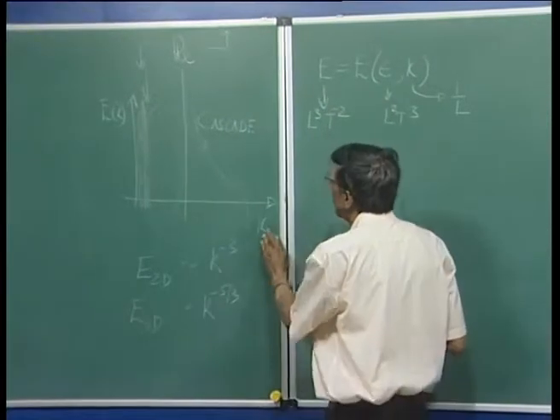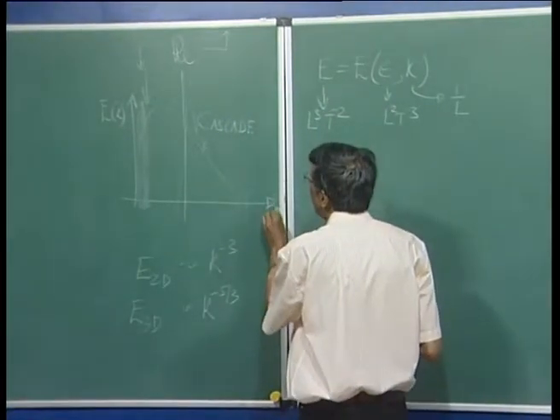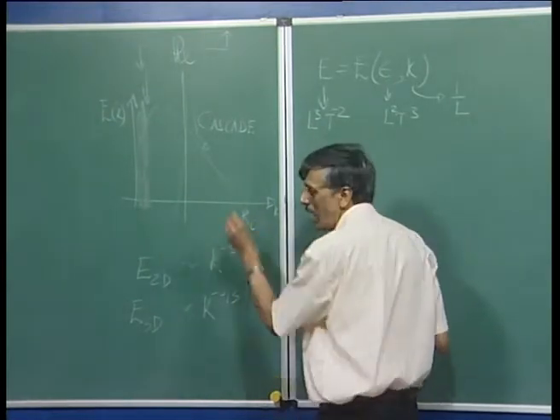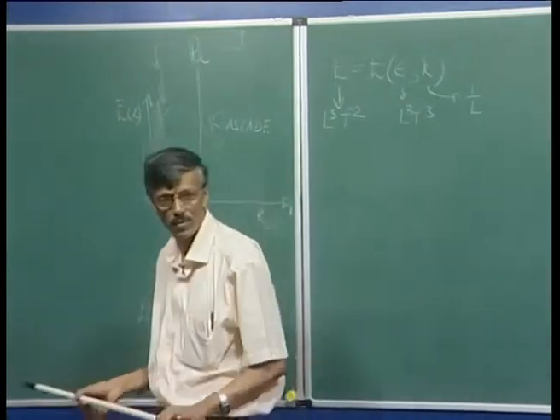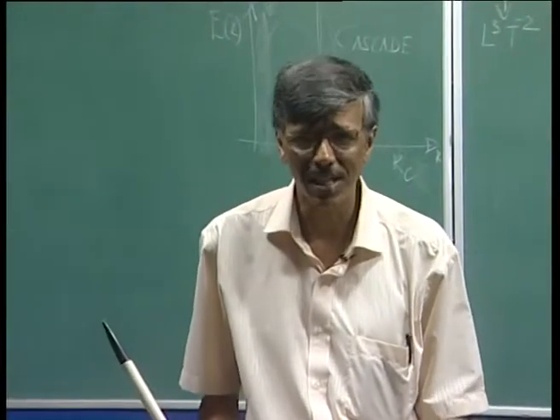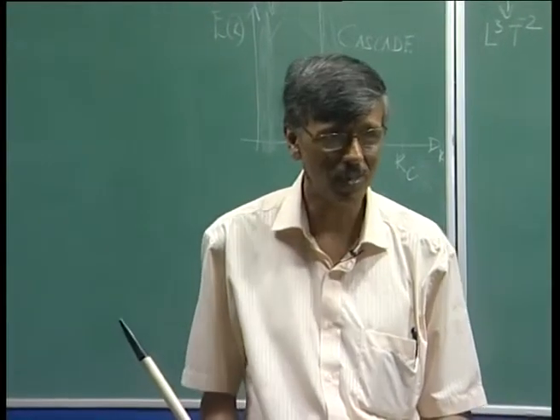If I am plotting this k, then there is some cutoff k, I will call it kc, right. This cutoff scale will depend upon the rate at which the energy is supplied or taken out, and also the material property, the fluid property. And what is that property? That we have already seen, that is the Reynolds number of the problem, right.